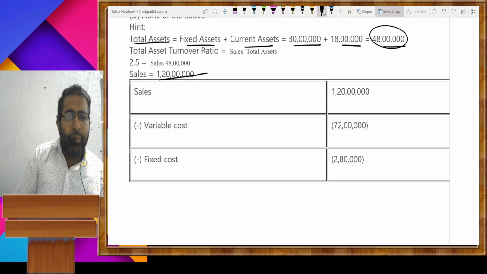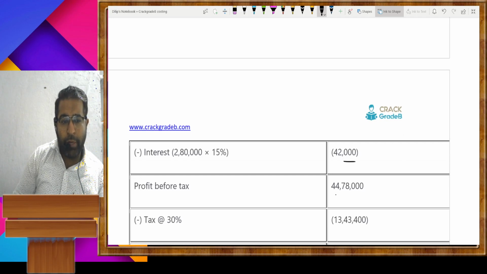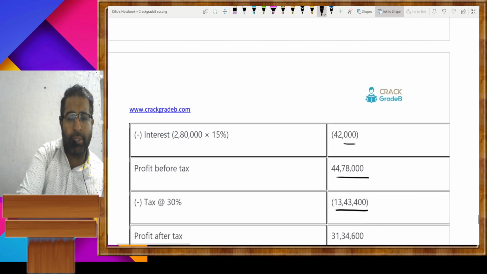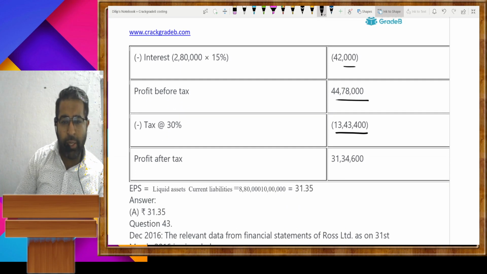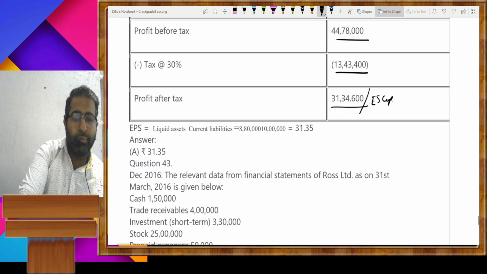Now from the sales we deduct all types of expenses: variable expenses, fixed costs, interest, thereafter we get profit before tax. From profit before tax we deduct tax to get profit after tax, and we divide profit after tax by the value of equity share capital. Okay.